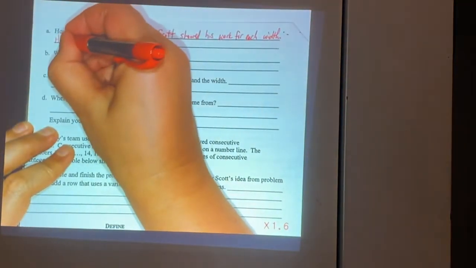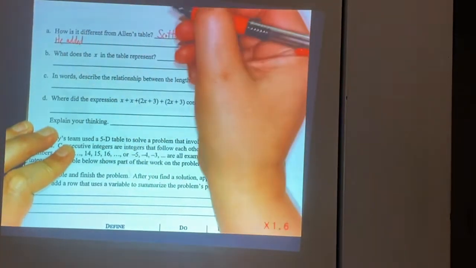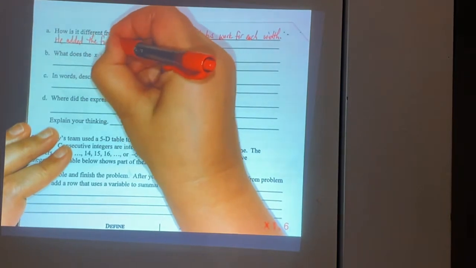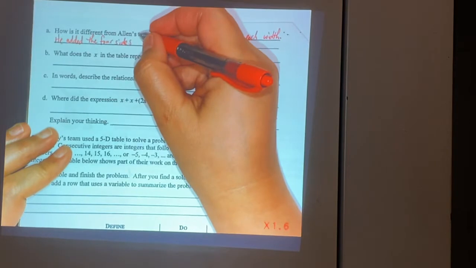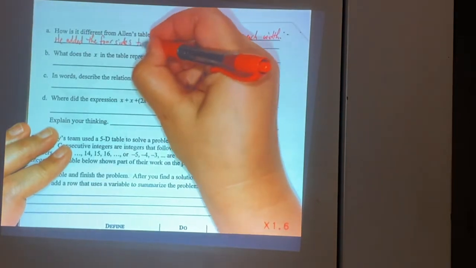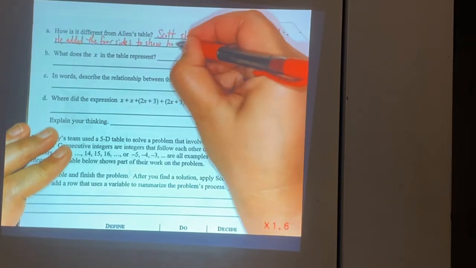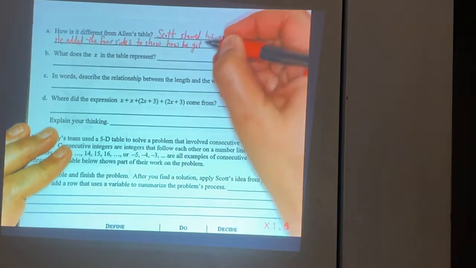He added the 4 sides to show how he got the perimeter.